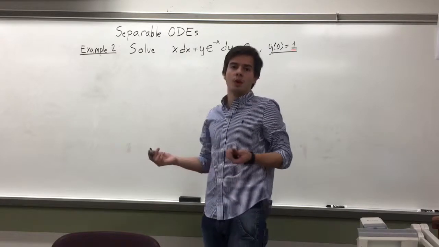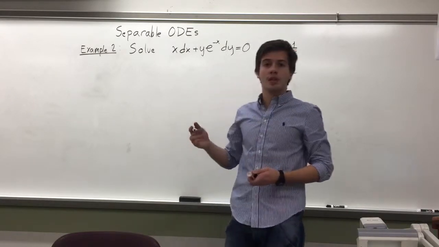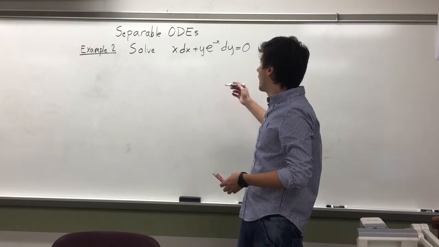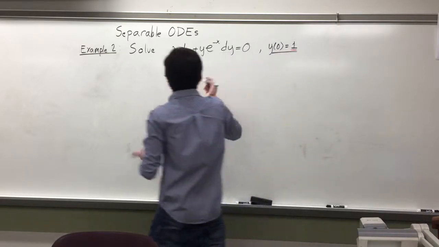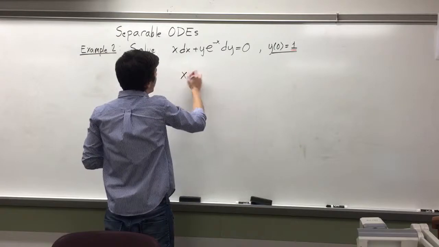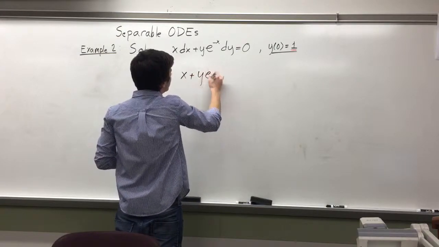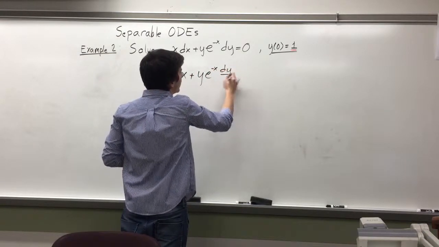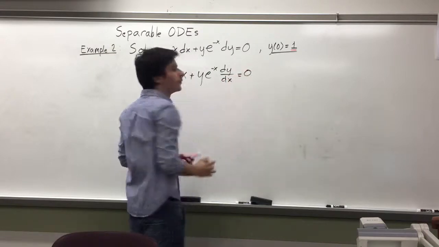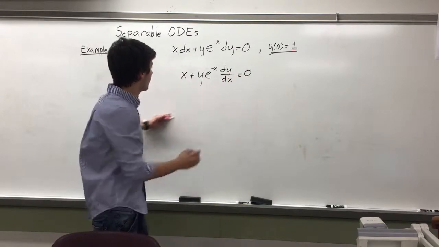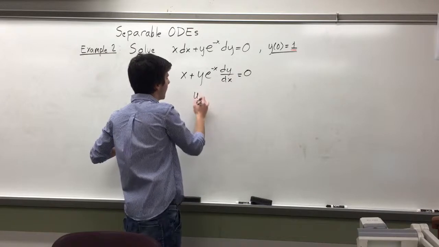And the usual way we use separation of variables is to just try algebra and separate literally the variables. So x plus y e to the opposite of x dy dx. I shouldn't have erased that, but anyway, here we have it. Let's subtract x on both sides.